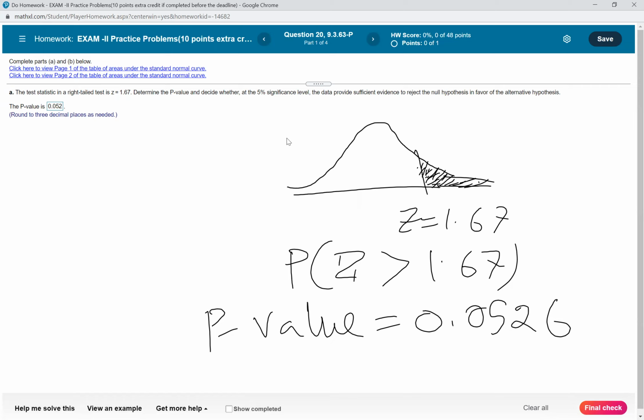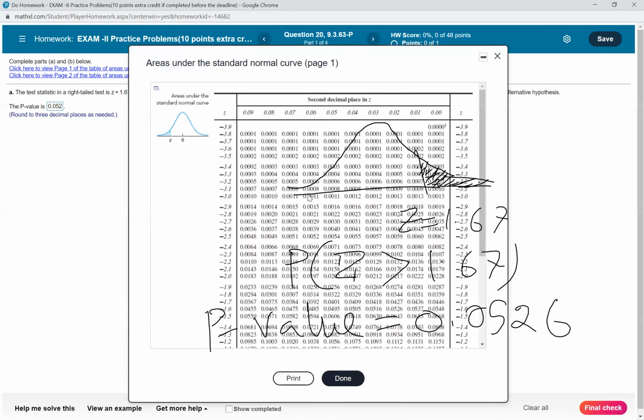Okay, so let me check again. So this is the area for 1.67. Oh, okay, I made a mistake actually. They started from 0.9 to 0, so these decimal places go from larger to smaller.